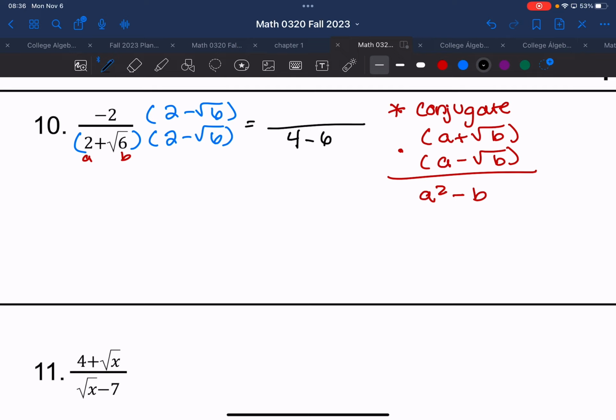So 4 minus 6. On the top, what are we going to have to do with that negative 2? Distribute. So what's negative 2 times 2? Negative 4. And what's negative 2 times negative square root of 6?